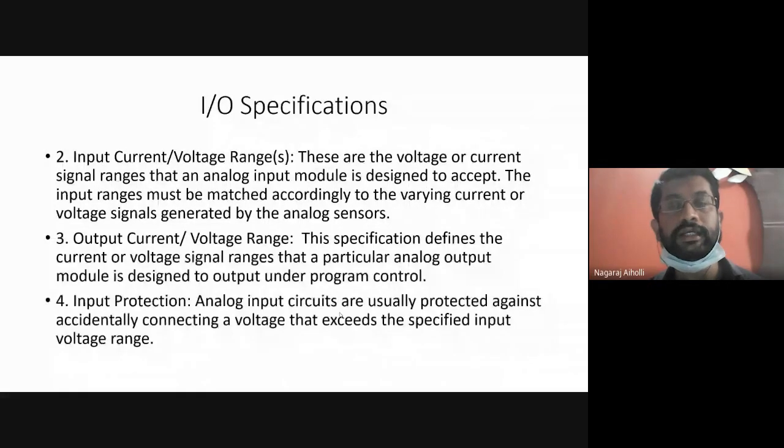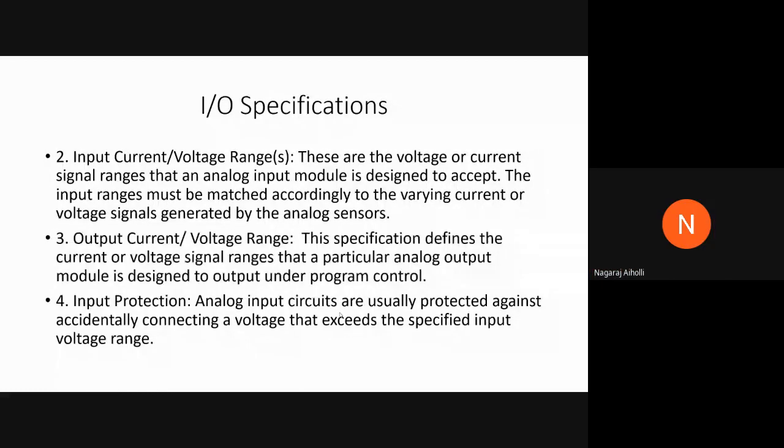How much voltage or current signal range can the input module accept? That is called the input current or voltage range for that particular input module. This is decided by the field device.